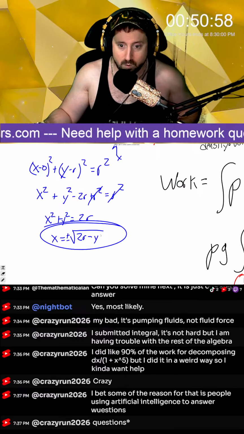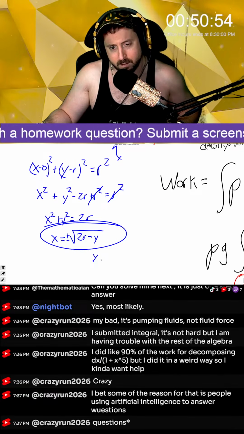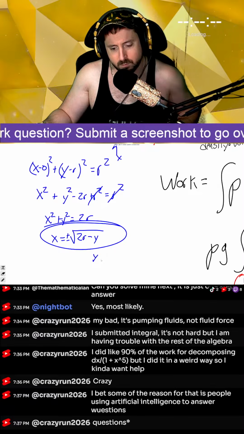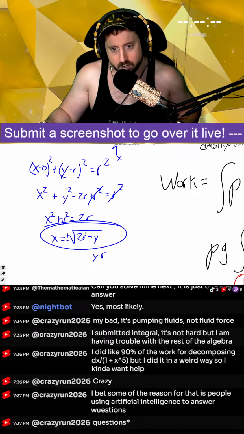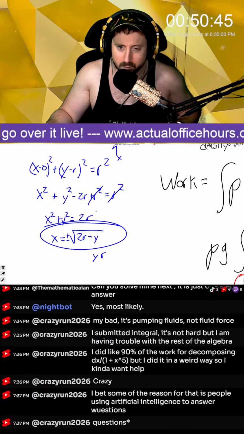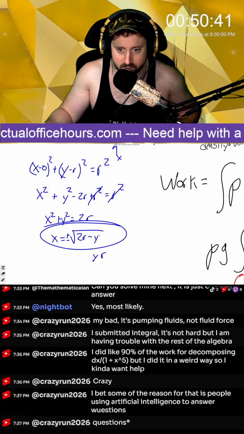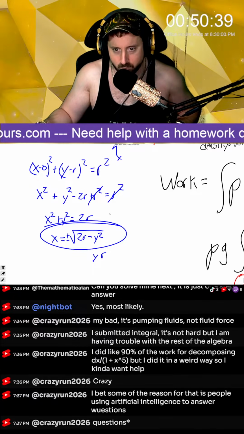So notice when y is equal to r, you get the square root. Oh, something's wrong here then. I need this to be not squared. Oh, there you go, it's 2r minus y squared.